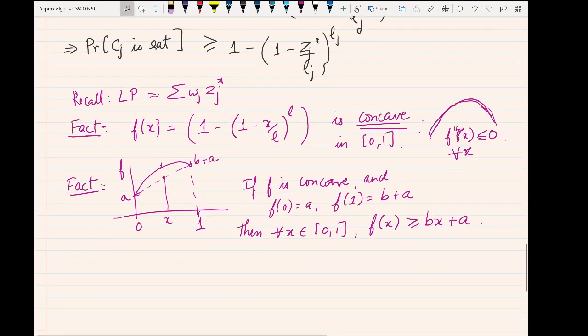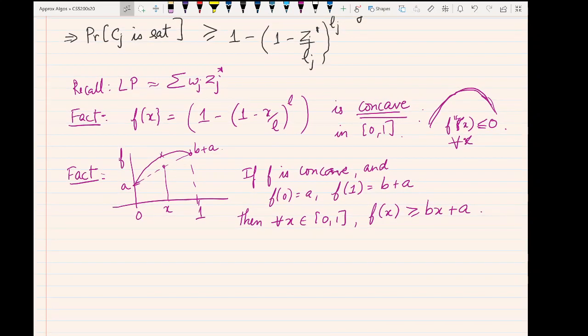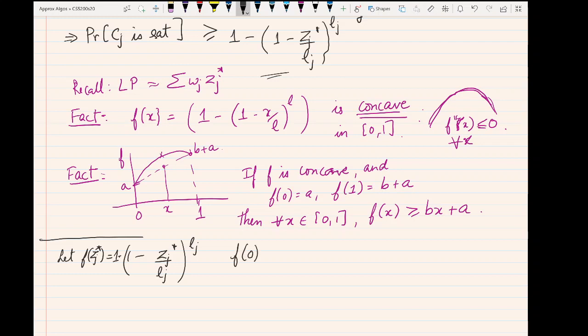Simple enough fact. How does it apply to what we have here? Let us consider the function 1 minus (1 minus x by L) whole raised to L. And this we'll look at as a function of zj star, which is in [0, 1]. Now what is f of 0?